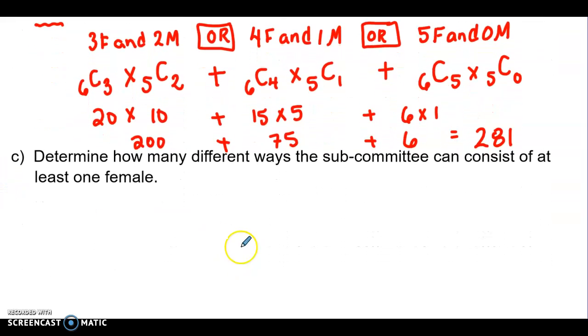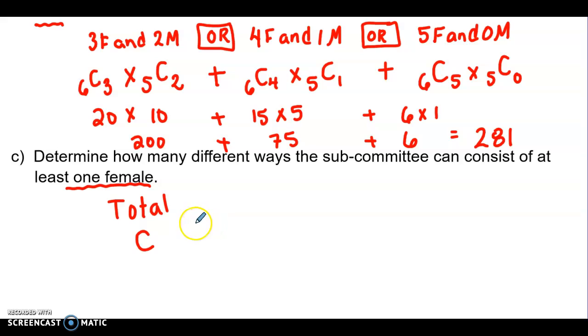And part C. Determine how many different ways the subcommittee can consist of at least 1 female. So we can, as above, look at the different cases where we can have 1 female, 2 females, 3 females, 4 females, 5 females. There's a lot of ways to consider. However, another way we can do this is to look at the total number of ways to choose from.